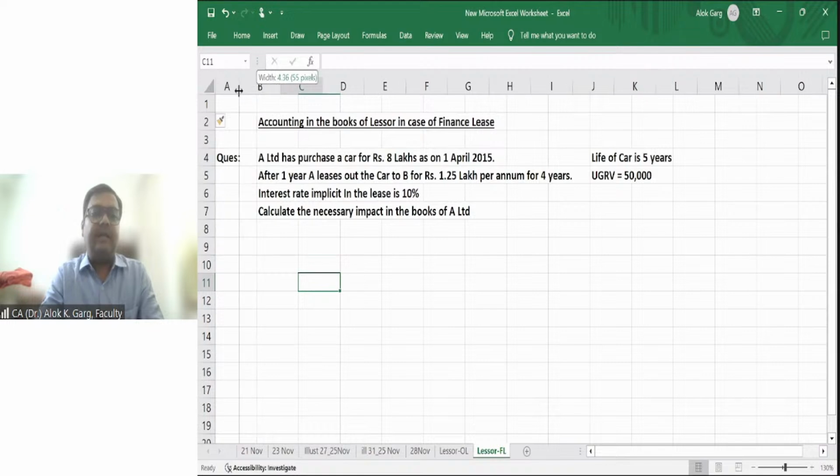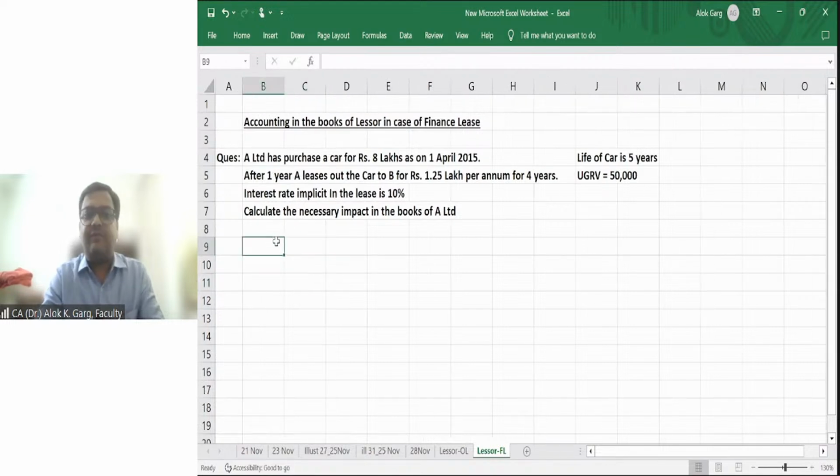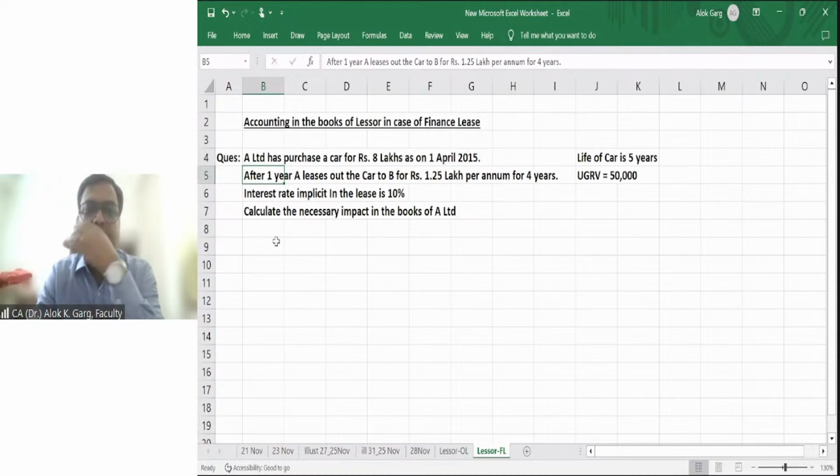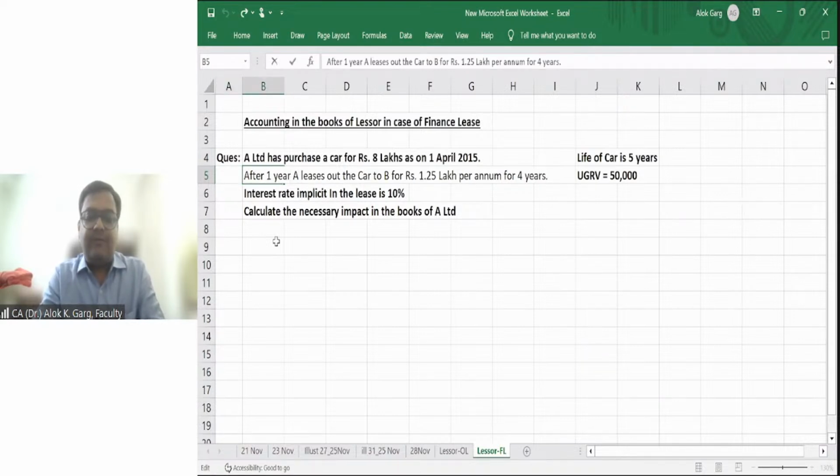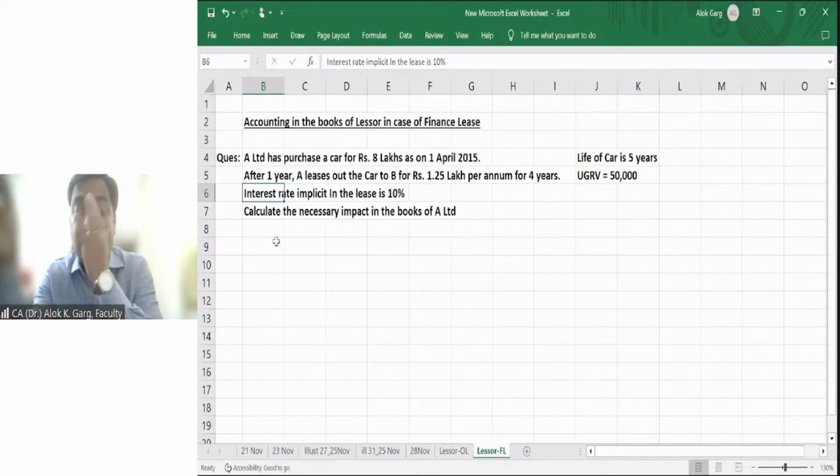So I have framed a question to give you the entire stuff of accounting. A Limited has purchased a car for rupees 8 lakhs as on 1st April 2015. The life of the car is 5 years. After 1 year, means remaining life is 4 years, A leases out the car to B for rupees 1.25 lakh per annum for 4 years.